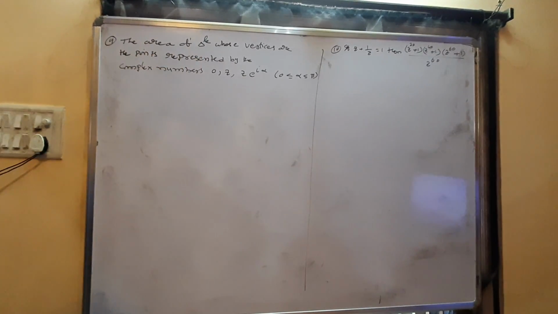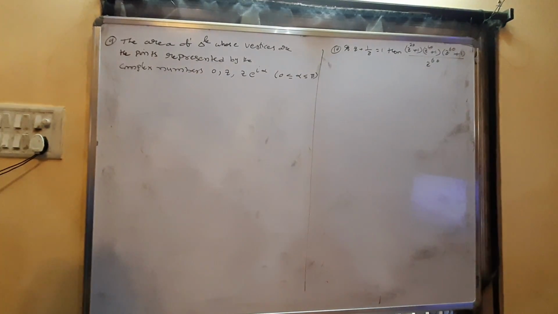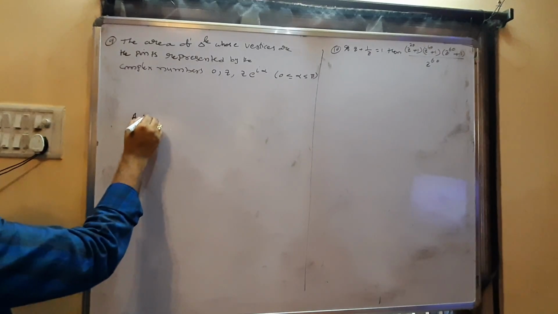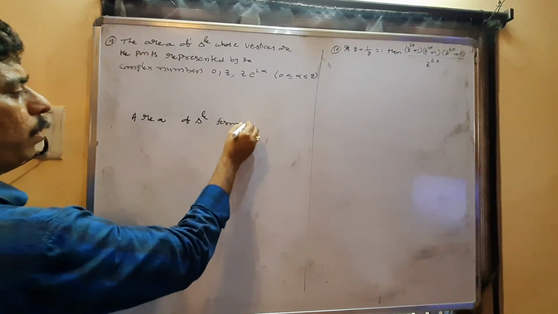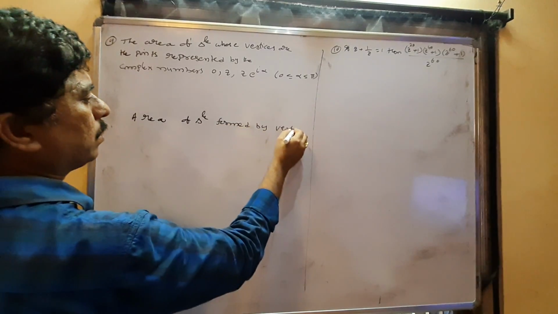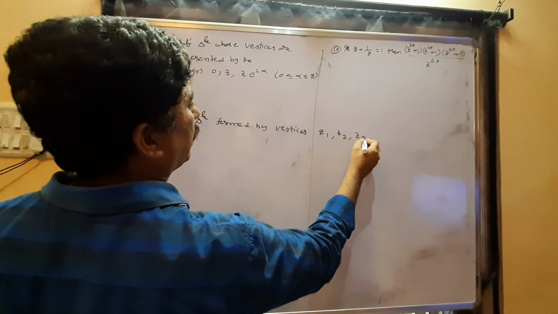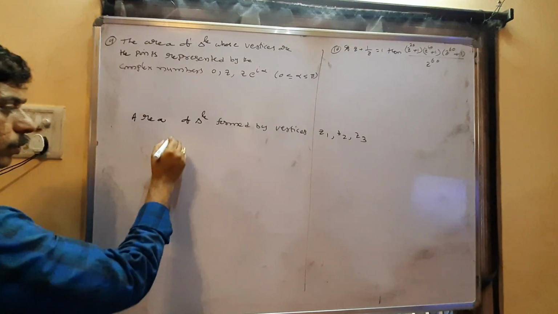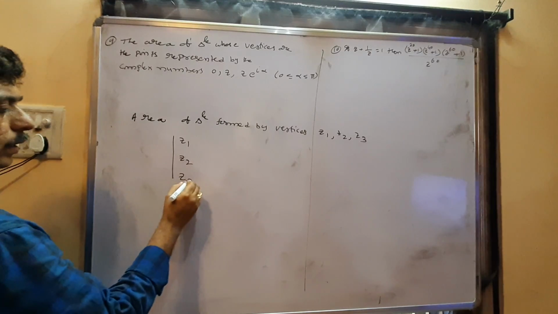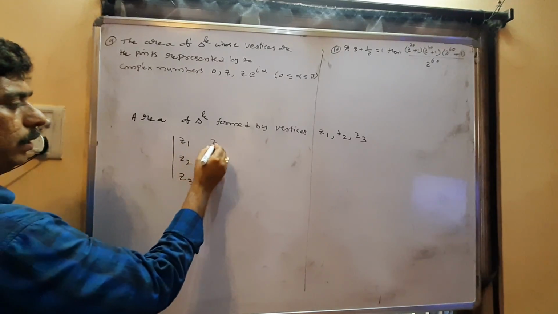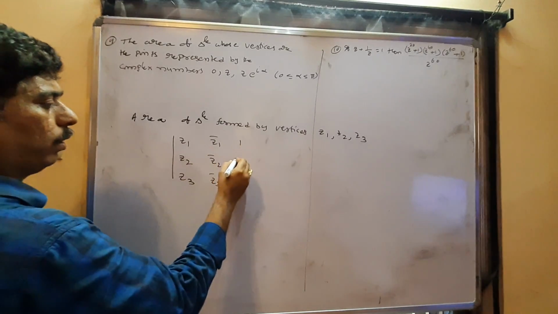The area of the triangle whose vertices are the points represented by the given complex numbers z1, z2, z3 is given by the determinant of z1, z2, z3; z1 conjugate, z2 conjugate, z3 conjugate; 1, 1, 1.